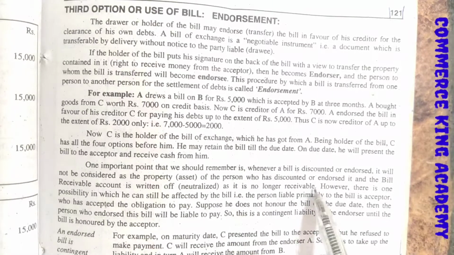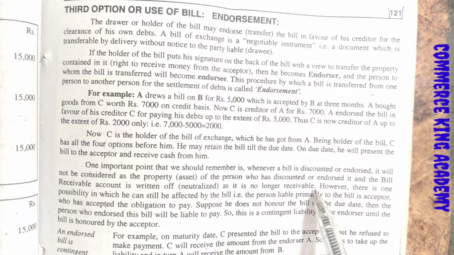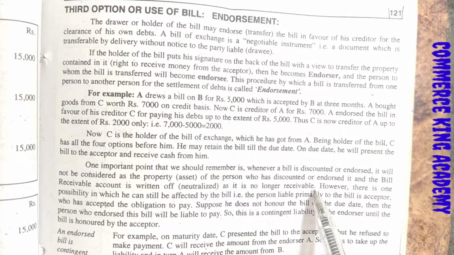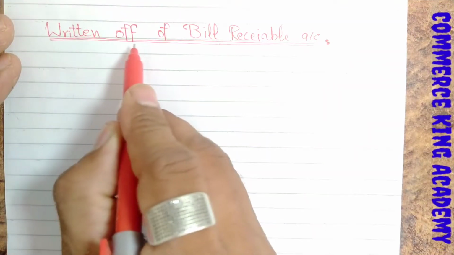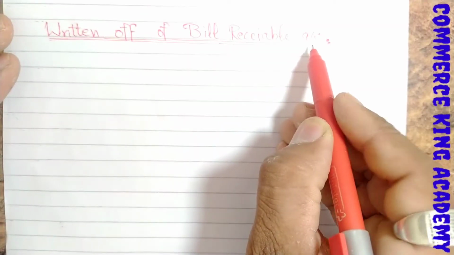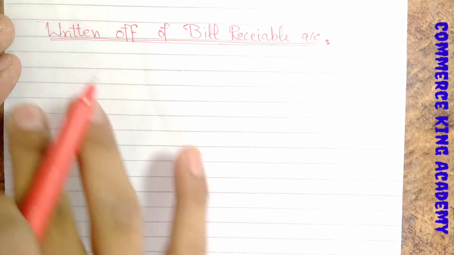That means when the drawer endorses the bill or discounts it with the bank. So understand here the concept of writing off the bills receivable account. Written off means closing the account.